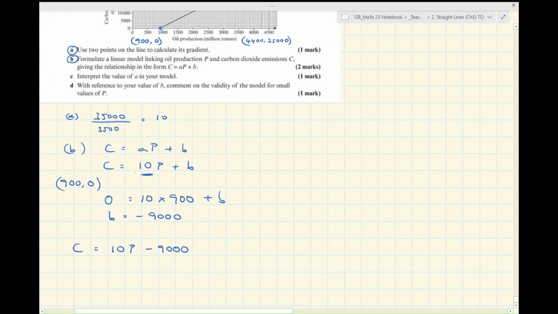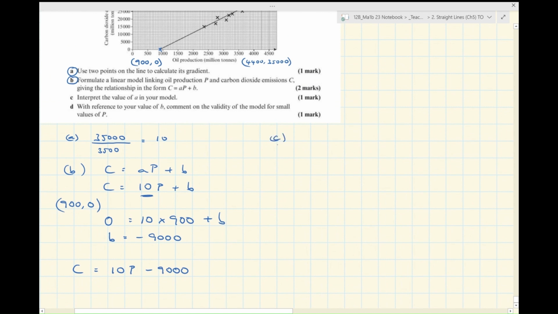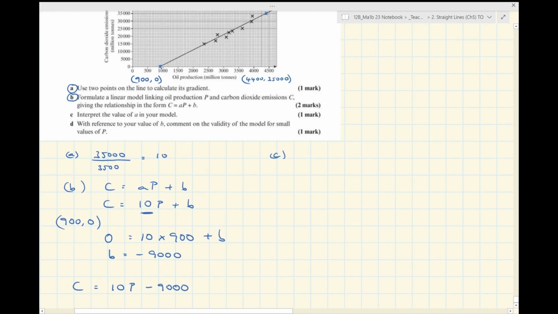It shows how a unit of P going up impacts on a unit of C. So what it means is that as my unit of P goes up by 1 unit, well that's 1 million tons, so it means that if production increases by 1 unit, 1 million tons, then carbon dioxide emissions go up by 10 million tons.